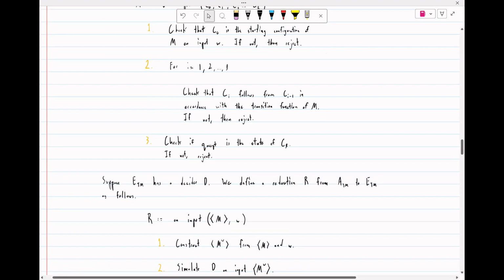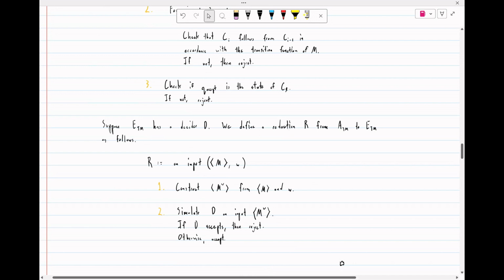We, as the simulator R, are never going to construct any of those configurations or computations, because there could be infinitely many of them. So we're letting our decider for ETM handle those infinite possibilities for us. Does that make sense?